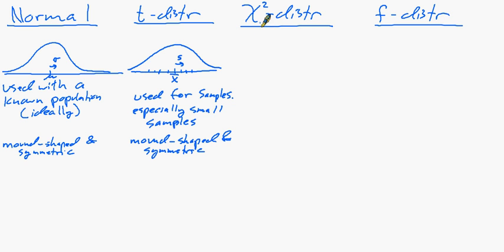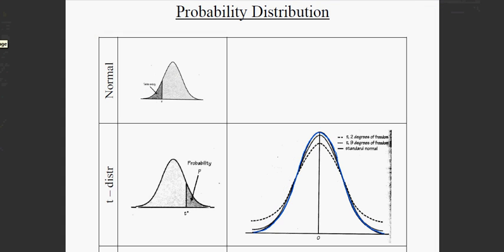Now, going on to chi-squared. This is the Greek letter chi, which is how you write that, more or less. Let's go back to this page, probability distributions, and let's scroll down.